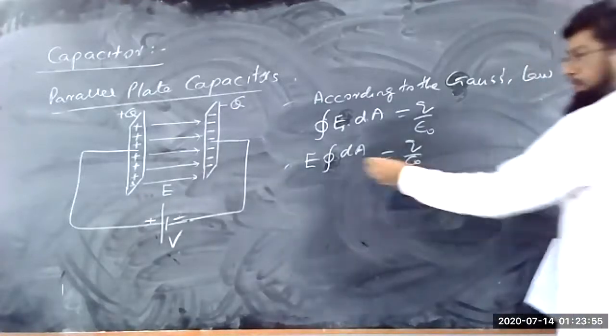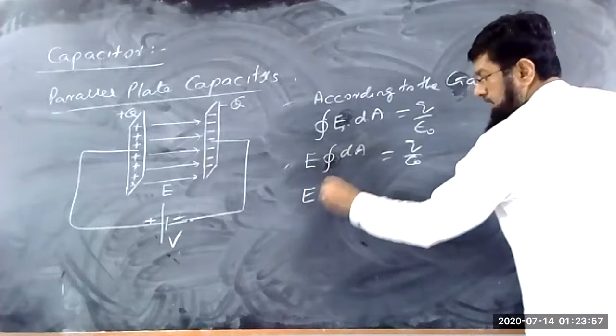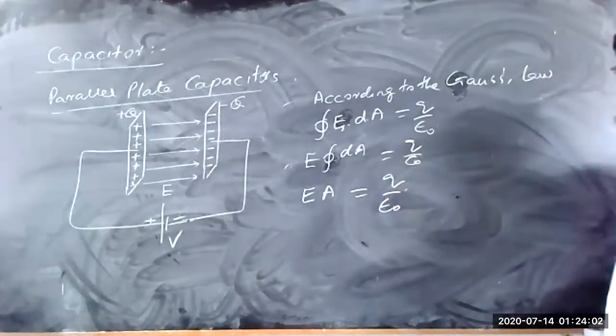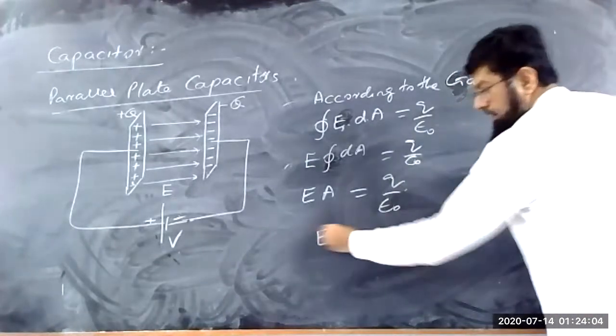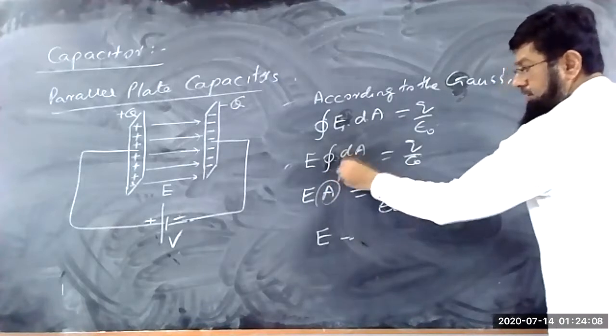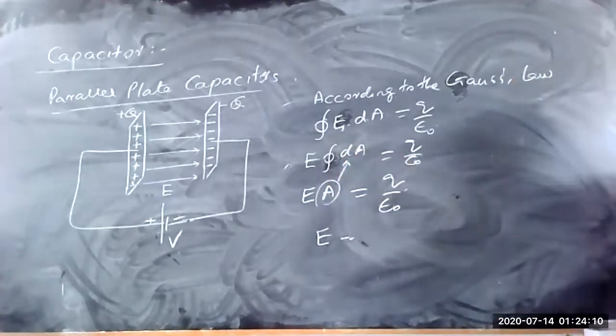So here, E into A is equal to Q upon epsilon naught. This A gives you the total area. The integral over dA gives you the total area.